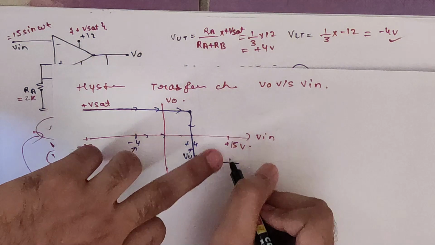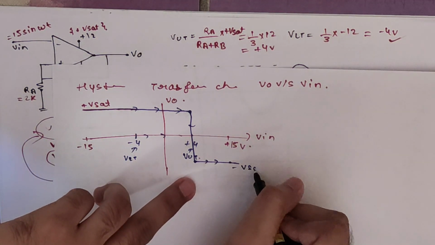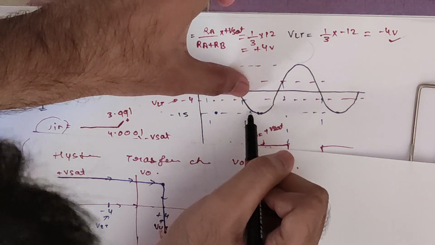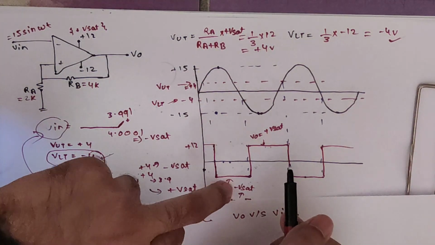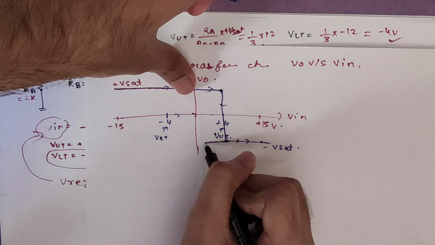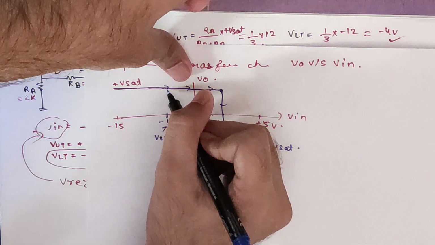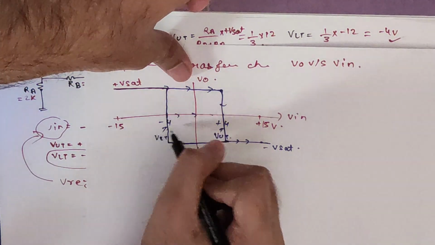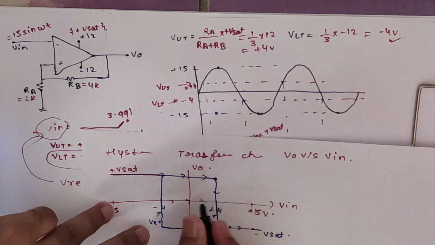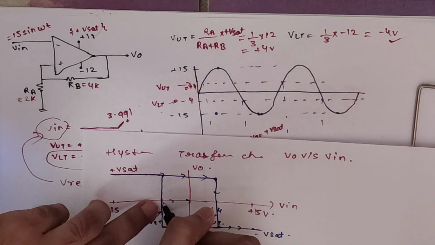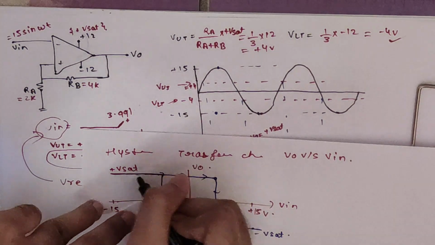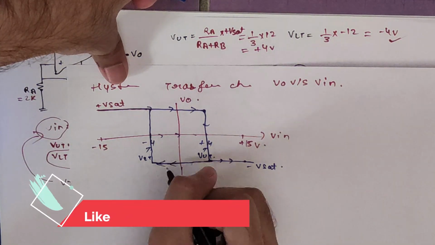Now as soon as our input voltage crosses the lower threshold voltage, our output voltage changes from minus Vsat to plus Vsat. This happens at minus 4, when our input voltage crosses the lower threshold voltage. So as our input voltage crosses minus 4 volt, our output voltage changes from minus Vsat to plus Vsat. This is our decreasing journey of our input voltage.